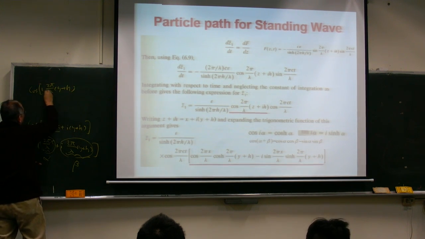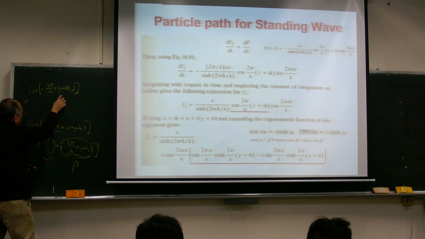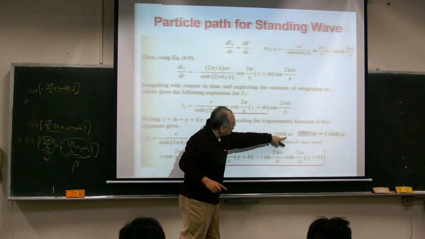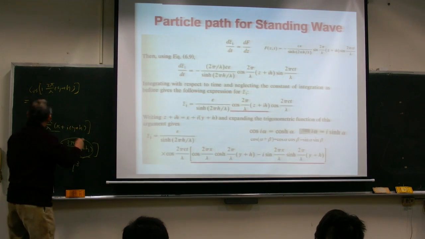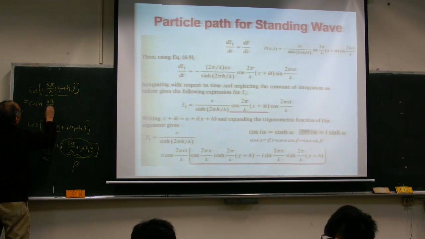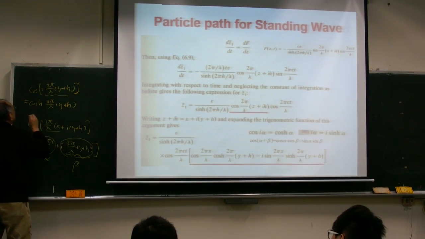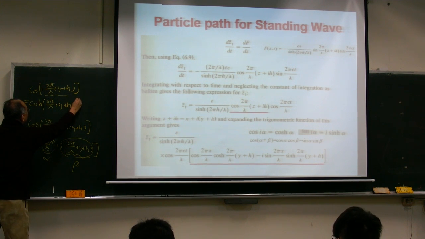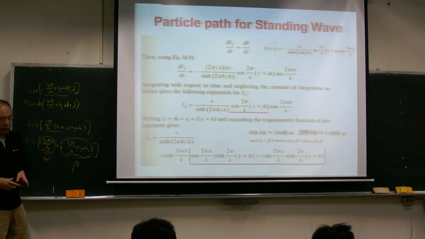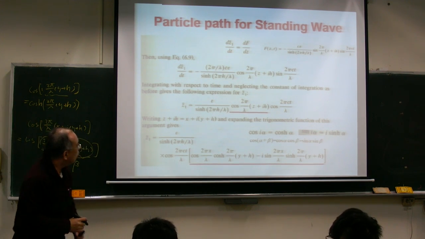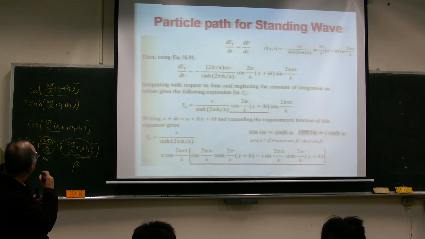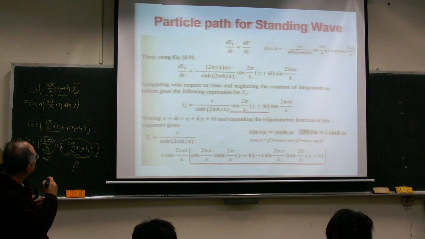And here, because the cosine of i alpha is equal to the hypercosine of alpha, so this will be equal to the hypercosine of alpha. Okay, so just apply this too. Here the cosine alpha is this term, and cosine beta we can rewrite as the hypercosine of this.